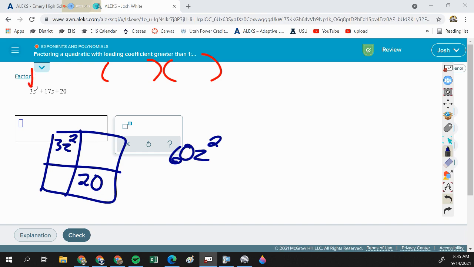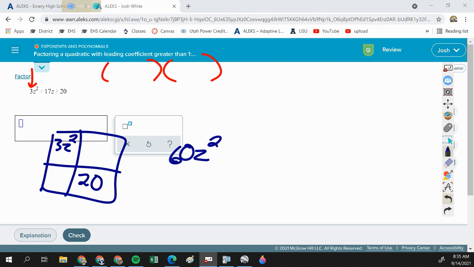We have a 3 here, and that complicates things. So on the last couple problems, you could probably do those in your head with enough practice. But if there's a number in front of the biggest exponent, the leading coefficient, then you need to use the box because it's really, really hard to do these in your head.